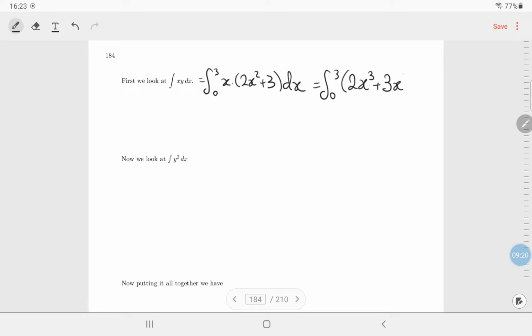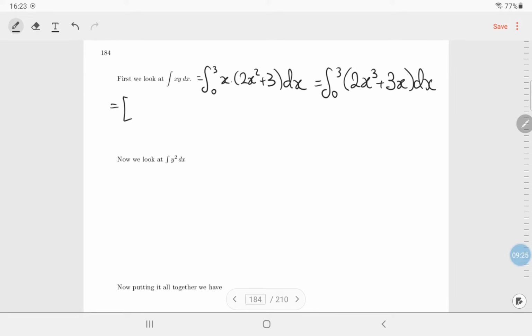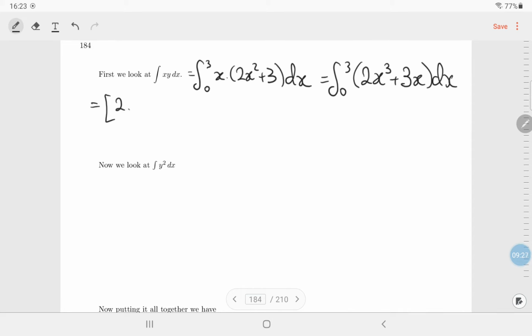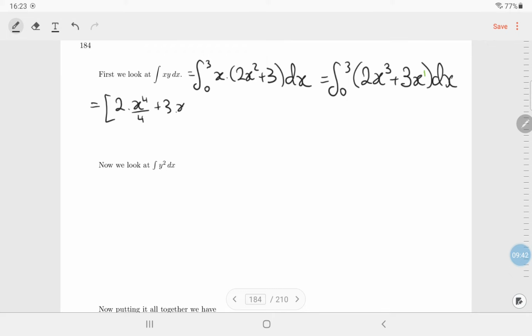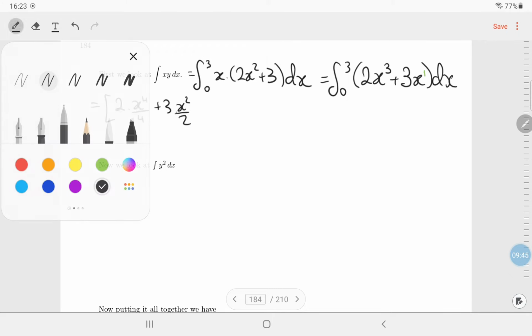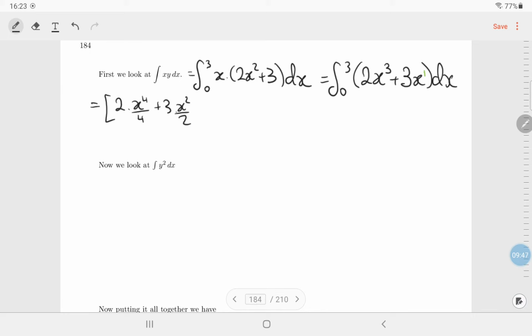Now this can be anti-differentiated term by term. Fix the 2, what's the antiderivative of x cubed? x to the 4 over 4. Plus fix the 3, and what's the antiderivative of x? x is x to the 1, so its antiderivative is x squared over 2. Going from 0 to 3. And now we just do top limit minus bottom limit.